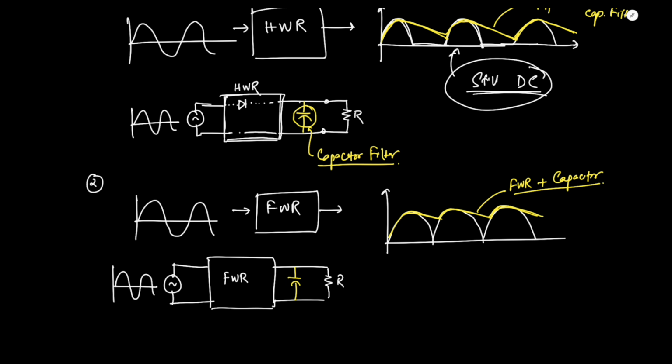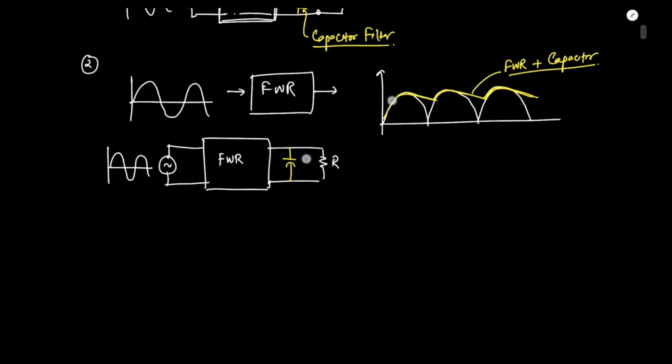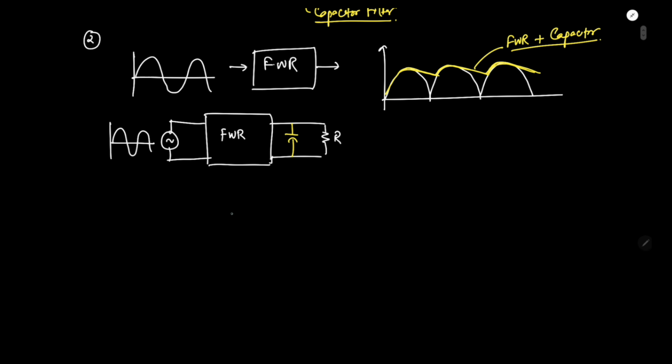Fine. Now suppose you could design a capacitor very efficiently, you have tuned the value of the capacitor very well, and maybe extra components also you connected with the capacitor, maybe an inductor. Basically, various types of filter configurations are there. So suppose we have designed a filter circuit very well.